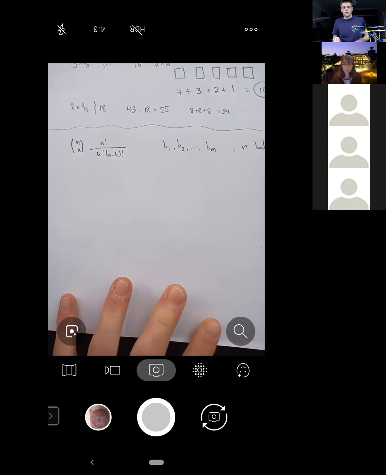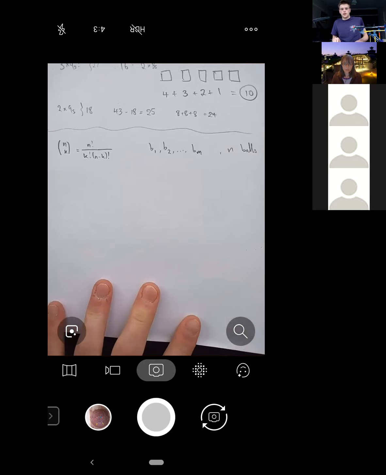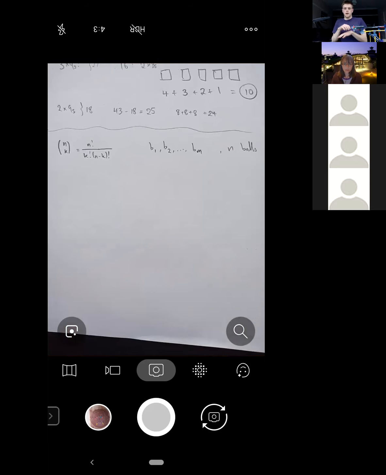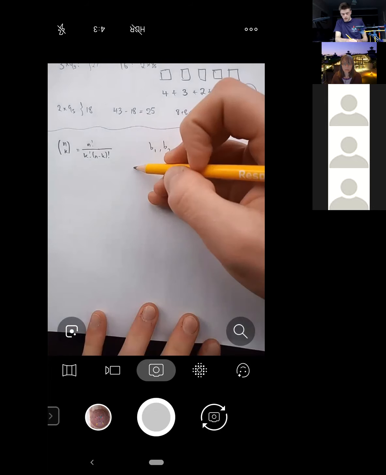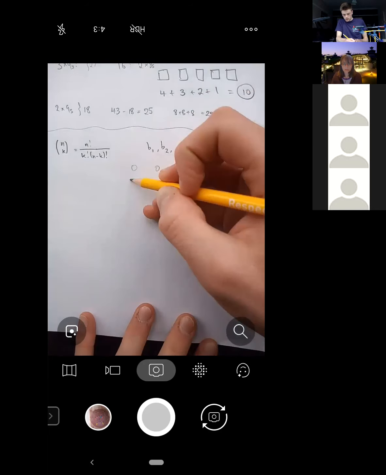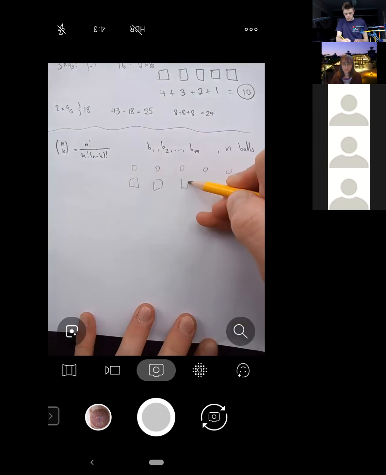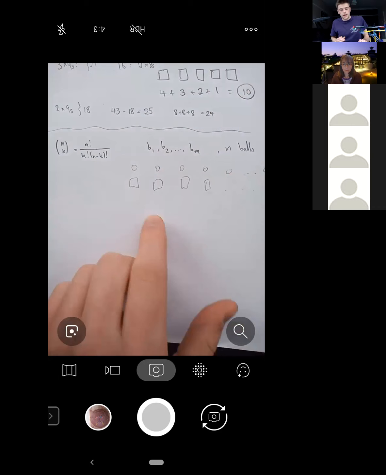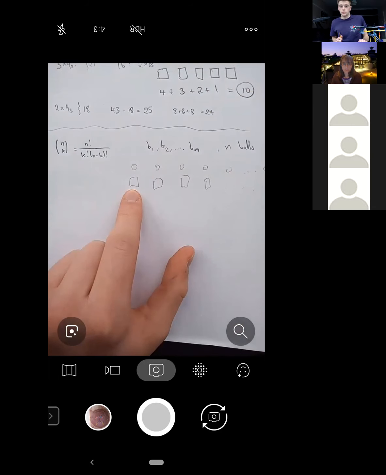Now, there are N factorial ways of messing about all the different balls. Say I had my N balls here and N slots for them here. I have N choices for which ball I put in here.